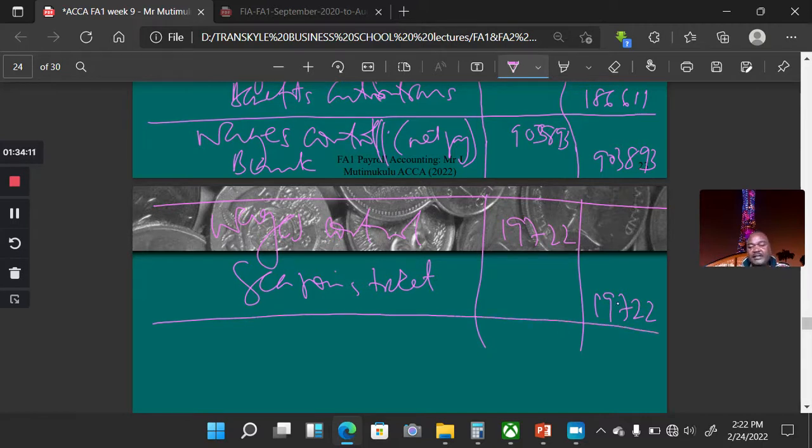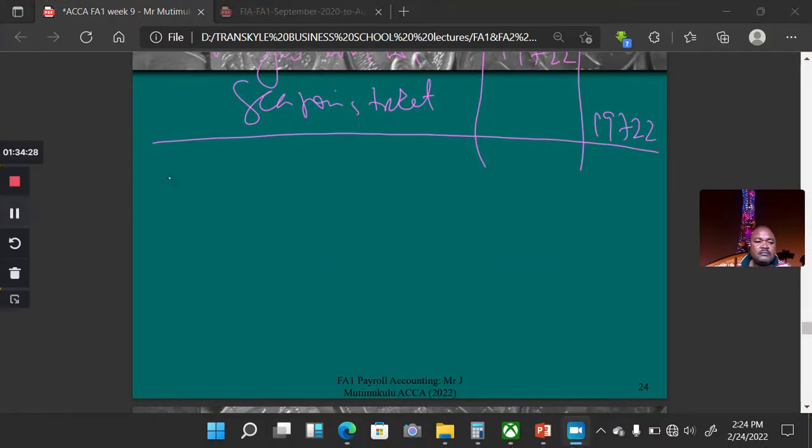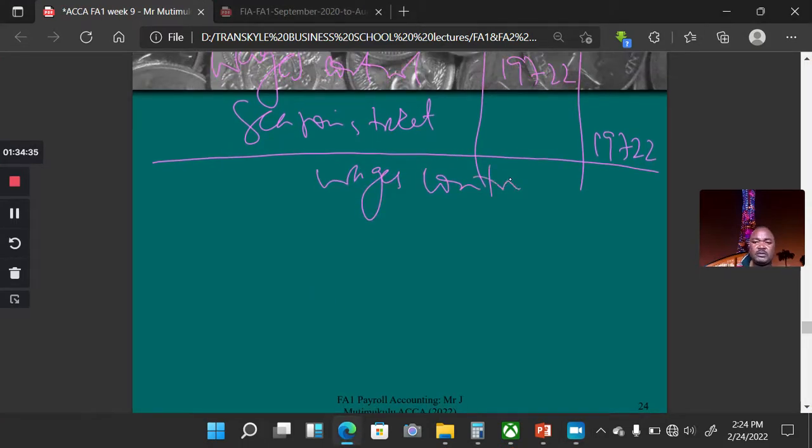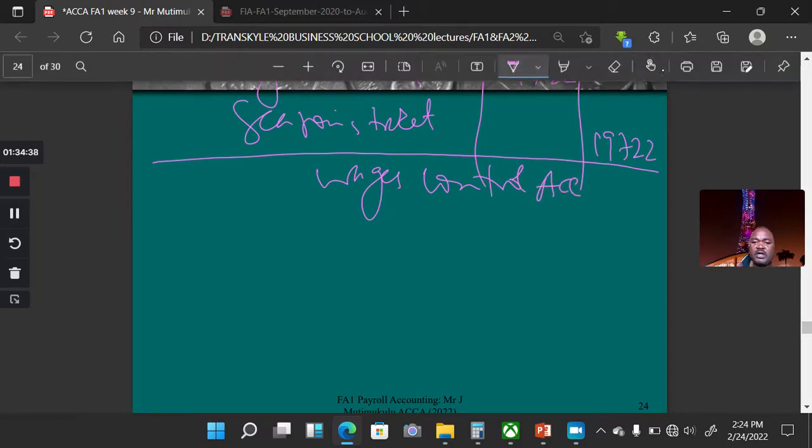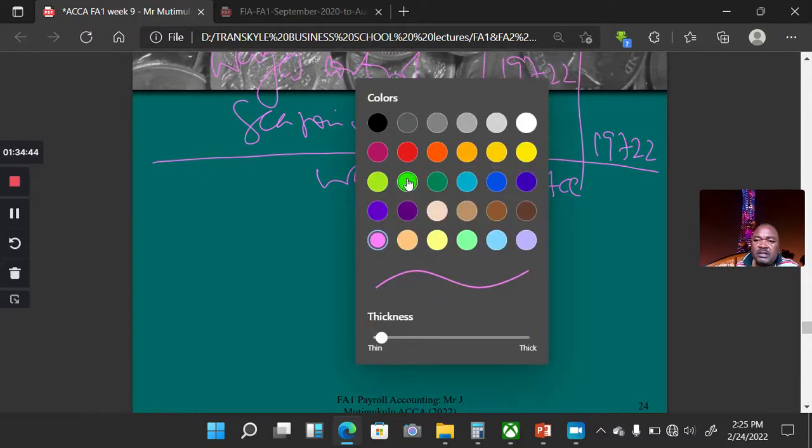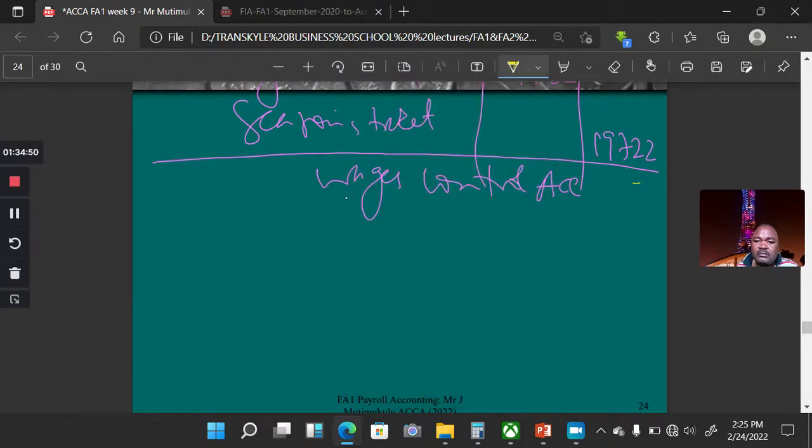We're done with the double entries, and you can see that from this information the wages control account can now be easily computed and safely prepared. Like I said, it's also a T account.